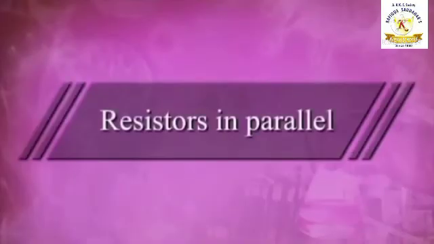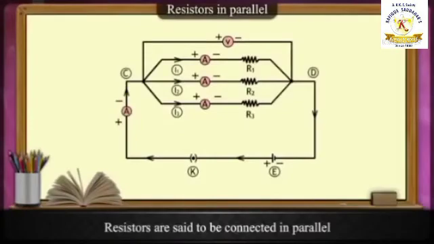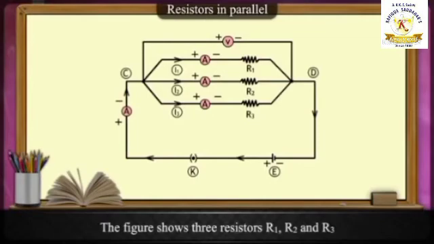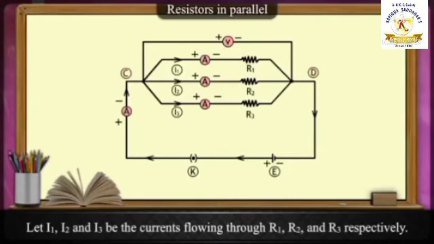Now moving to the next concept, that is resistors in parallel. Resistors are said to be connected in parallel when their ends are connected at both sides as shown in the figure. The figure shows three resistors R1, R2 and R3 connected in parallel between points C and D. V is the potential difference between C and D. Let I1, I2 and I3 be the currents flowing through R1, R2 and R3 respectively.